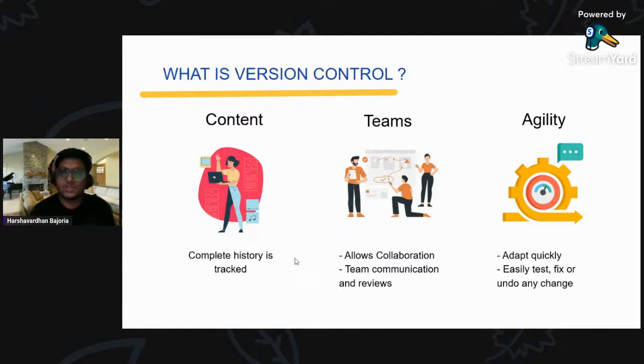Now, you might ask me, okay, that sounds pretty good, but is it only keeping track of a particular type of content? Is it only text files or only docs? No, it's not. It's keeping track of all types of content, as you can see in the illustration over here. Audio, images, text, video, each and everything is being tracked by Git.